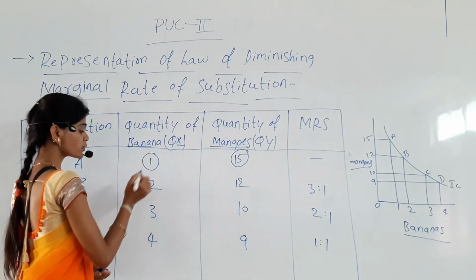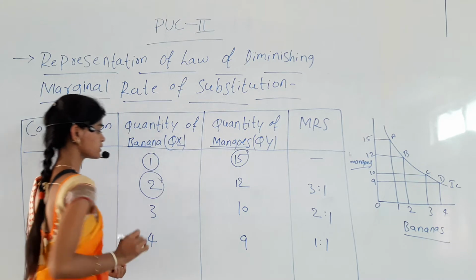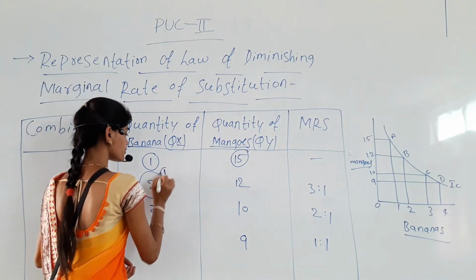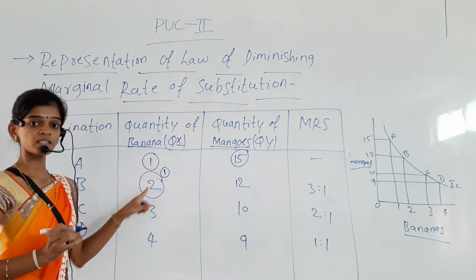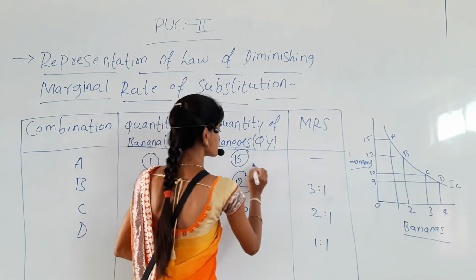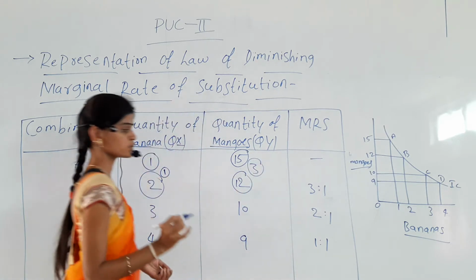Next, he wants to consume another banana, so adding 1 it is 2. He forgoes mangoes down to 12, which means forgoing 3 mangoes.